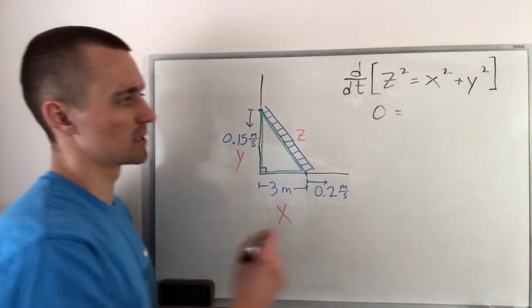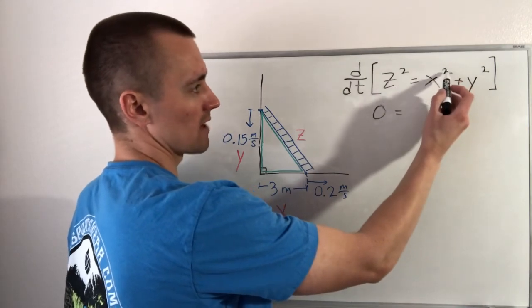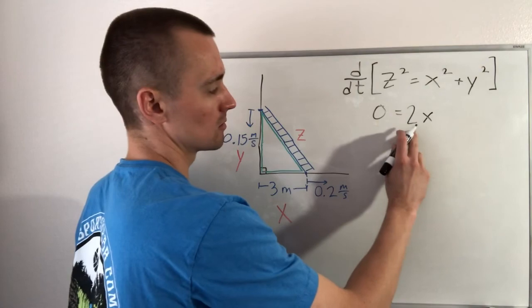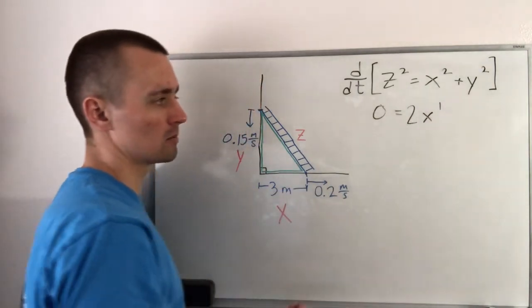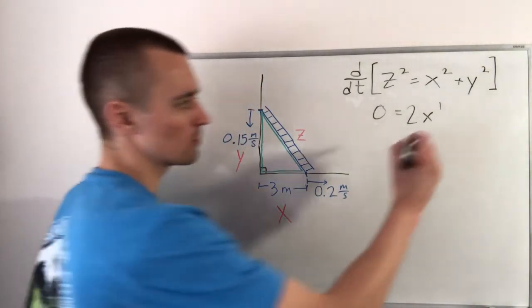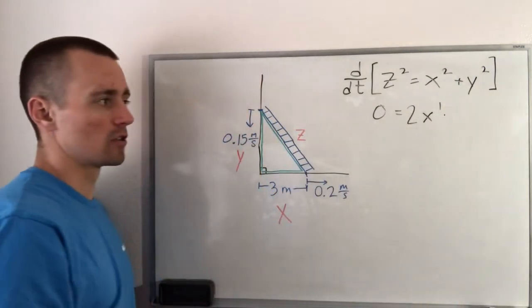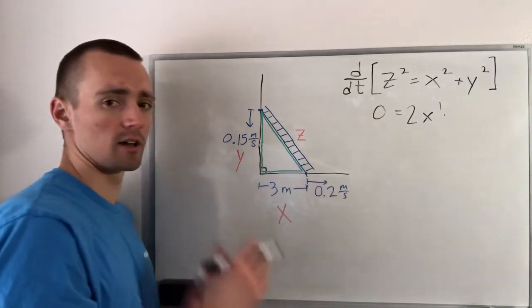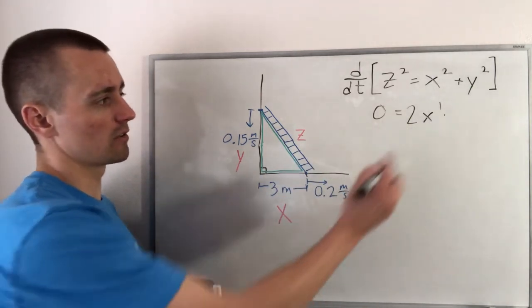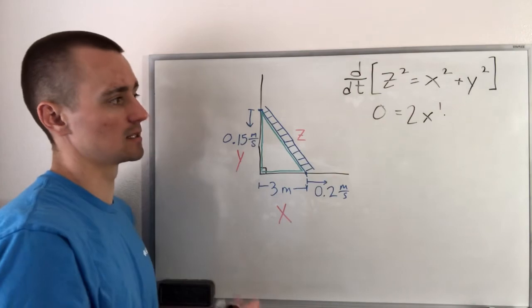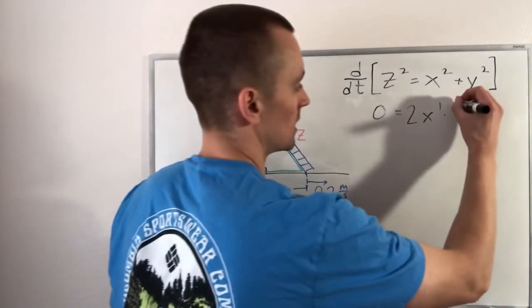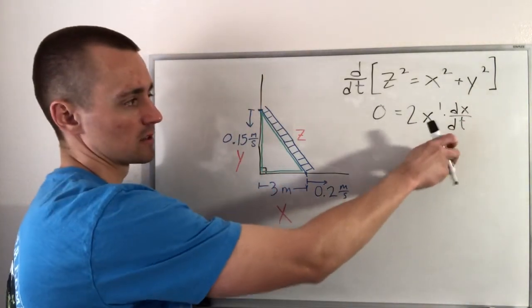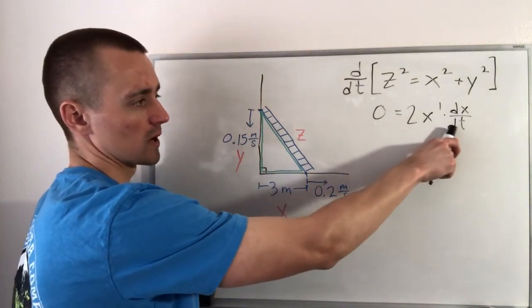So like we just did over here, we're going to take the derivative of the outside, so bring the 2 down in front, leave the inside alone, lower the power by 1 by the power rule, and then we have to multiply this by the derivative of the inside. Our inside is just x. X is our entire inside function. The derivative of x with respect to t is not 1, but it's going to be dx dt, which just means the derivative of x with respect to t.